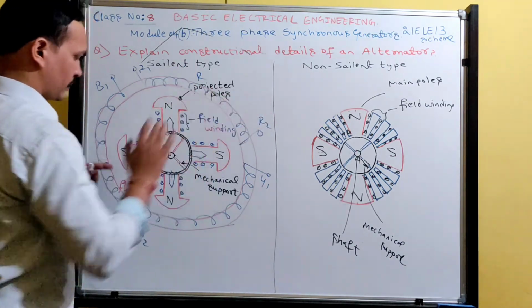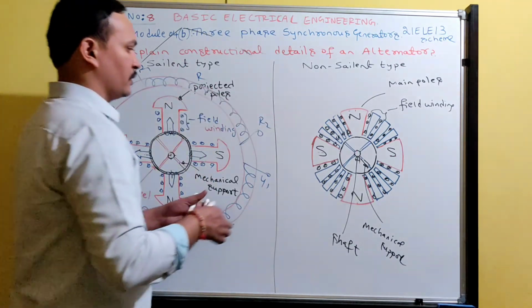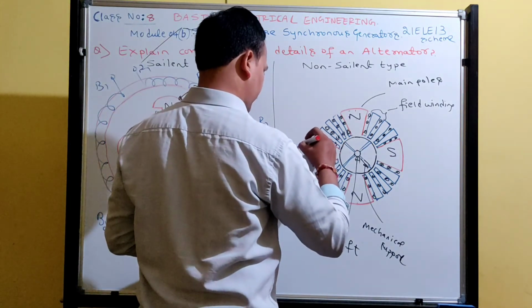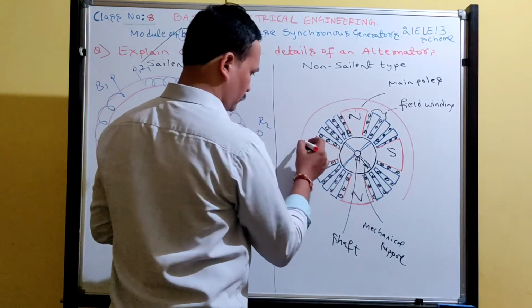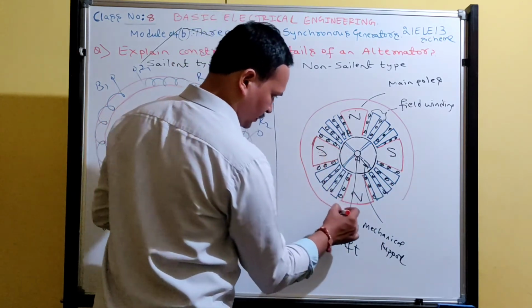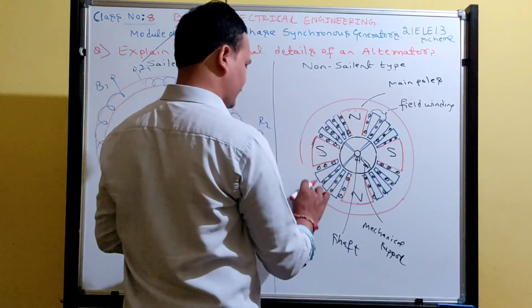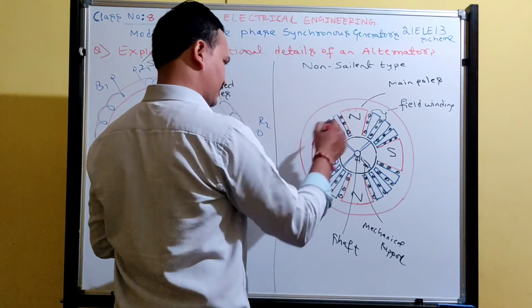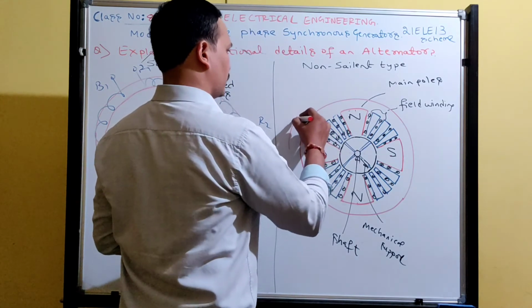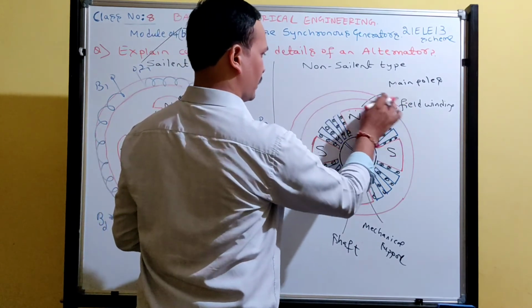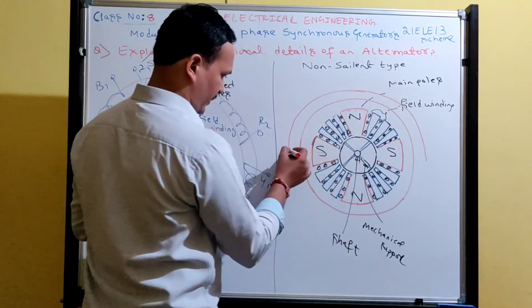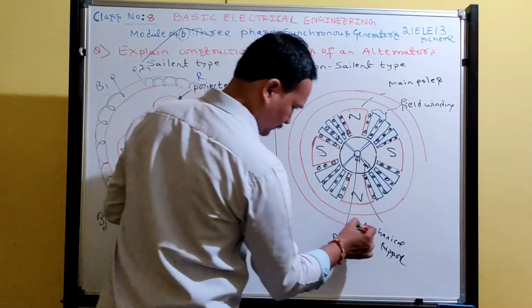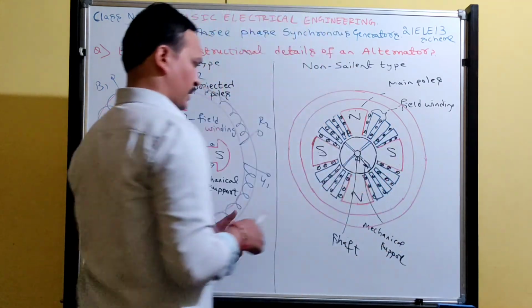Now there also I am going to draw the stator. So don't write this one. I am taking this to understand how this rotor construction works and where it is applicable. To understand those points, I am drawing the stator.